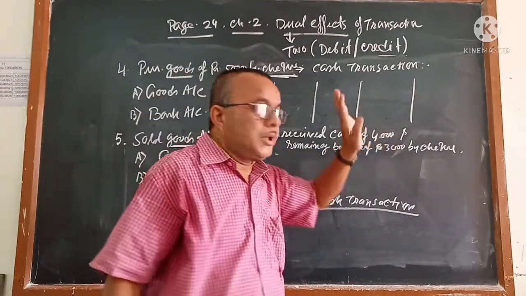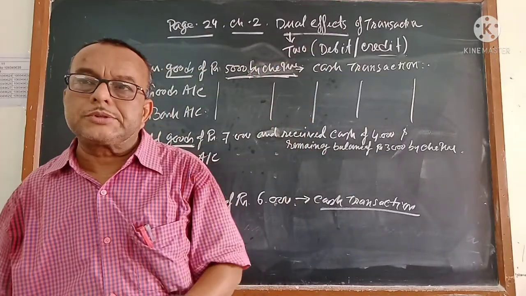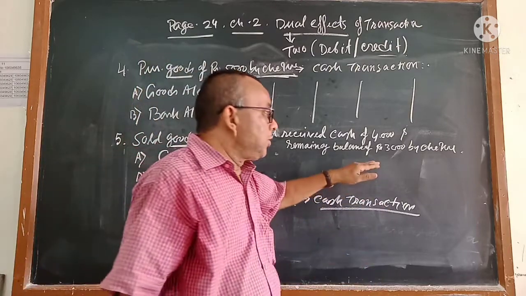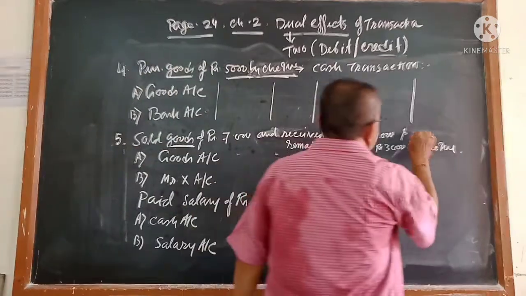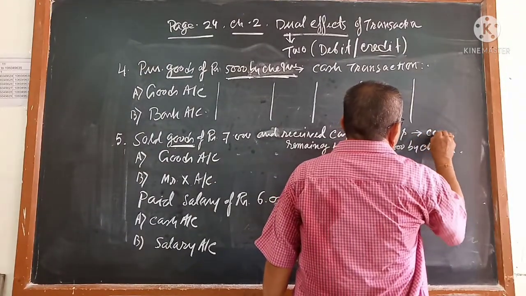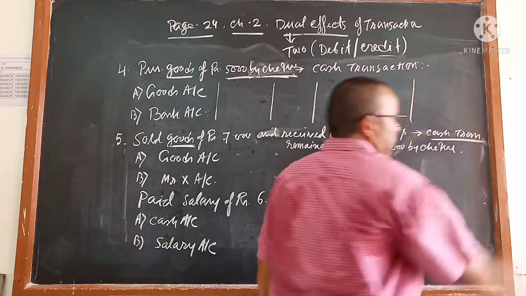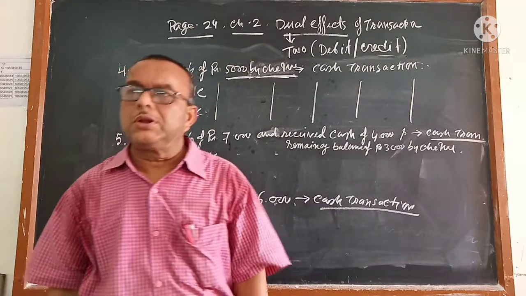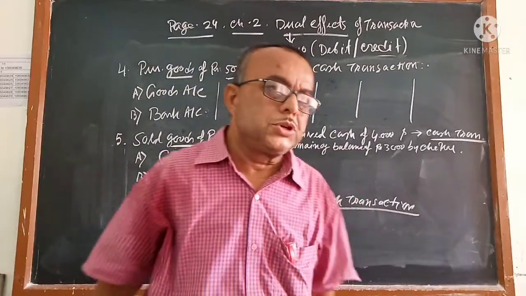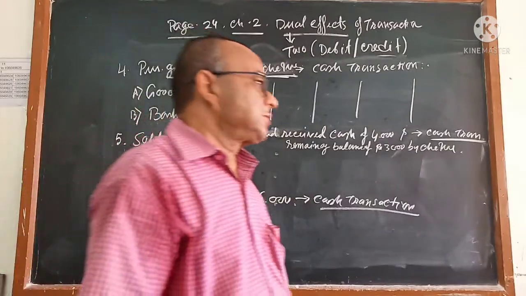Total 4 plus 3 is 7. All the money you have received. When all the money is received, is it a cash transaction or a credit transaction? Obviously, this is a cash transaction, because 4 plus 3 is 7, all money received.